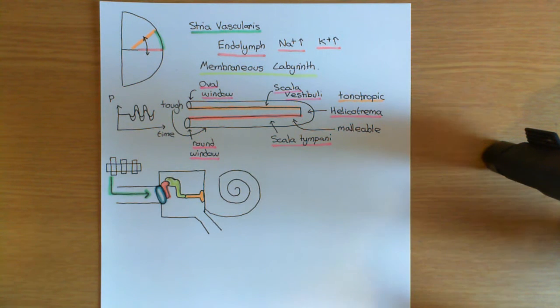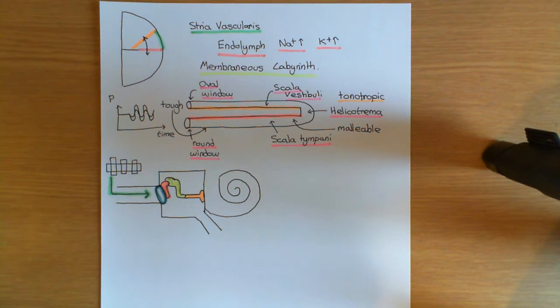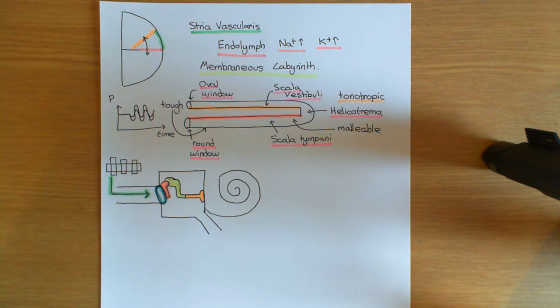So each different frequency of sound will cause a different pattern of oscillation in the cochlear duct, and that's how we're able to determine what frequency sound we are listening to, because of the different pattern of oscillation of the cochlear duct that each different frequency sound will produce.